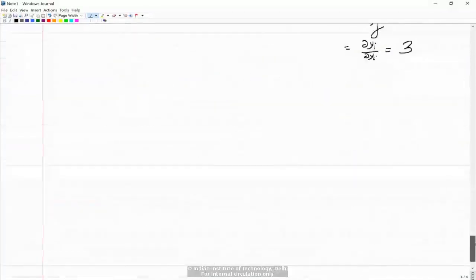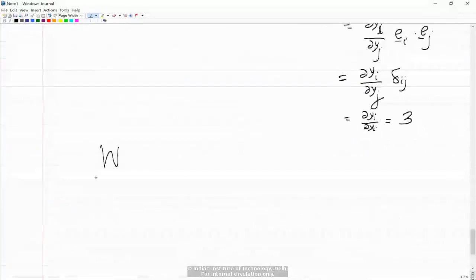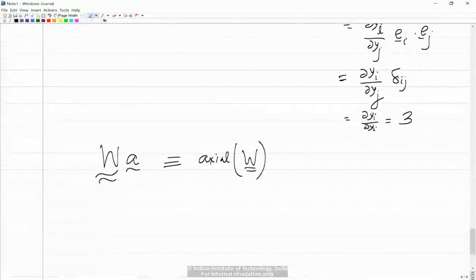So for a skew symmetric tensor W times any vector, let us say A, that's equivalent to the axial vector of this skew symmetric tensor W cross product A. And this axial vector we are writing as the vector w cross A. So this is by the definition of axial vector. You can write it like this.